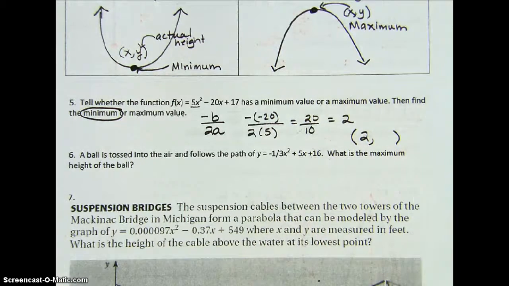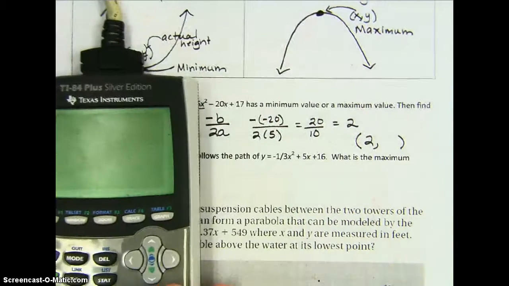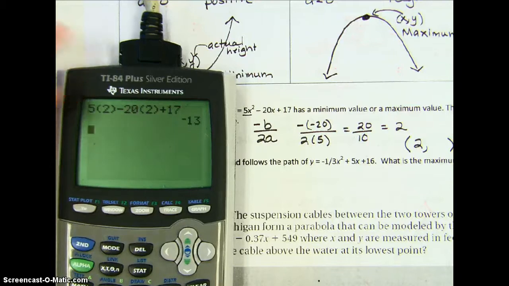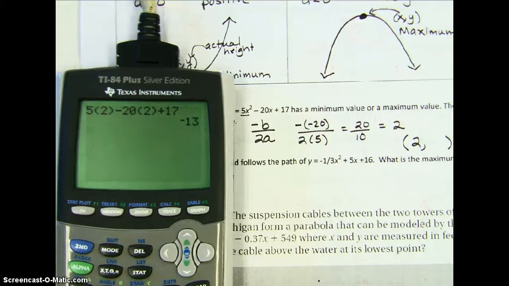Well, in order to find y, I'm going to plug it back into my calculator. So I've got 5 times 2, and then I've got minus 20 times 2, and then I have plus 17. And that gives me a negative 13.